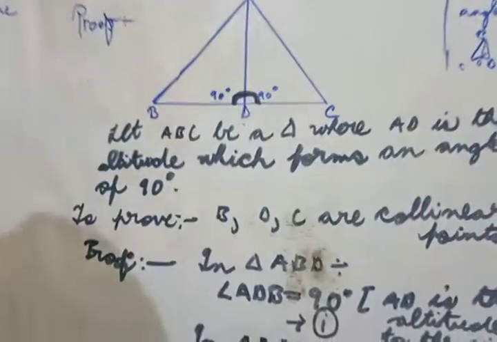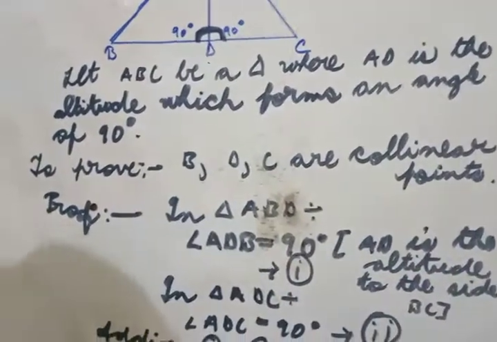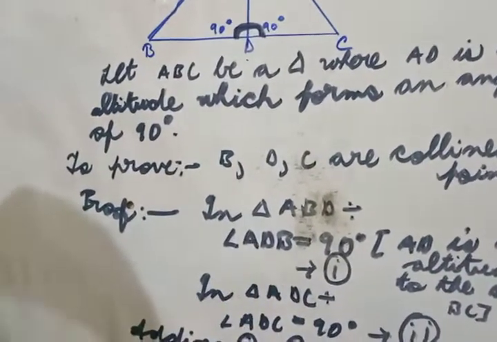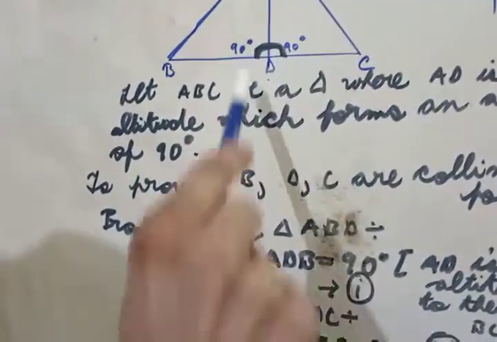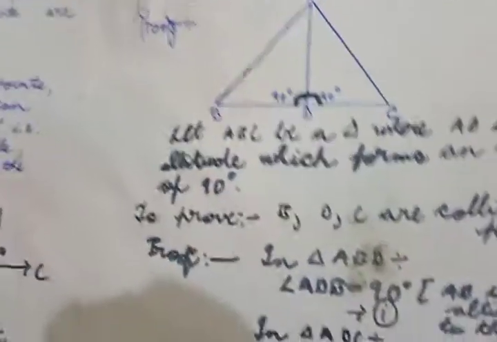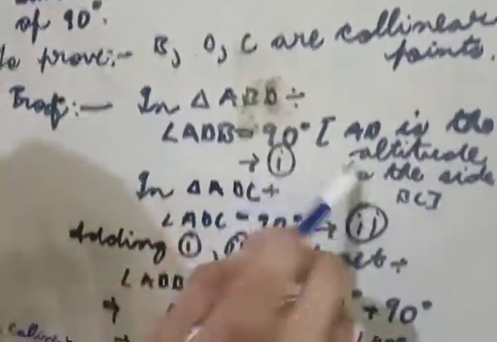That is the given part. Then we have to prove that B, D, C are collinear points. Proof: in triangle ABD, angle ADB is 90 degree, because AD is the altitude to this side BC. We are marking it as equation 1.